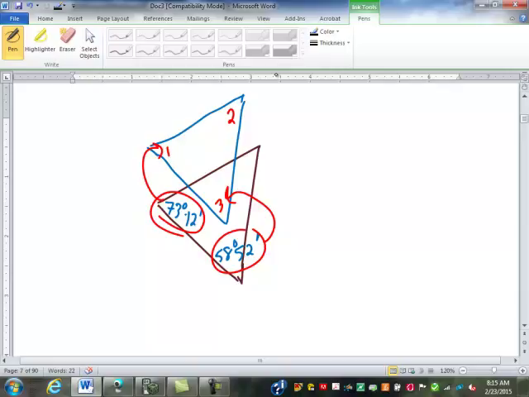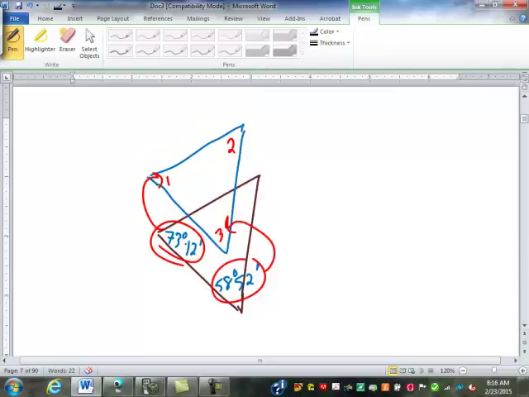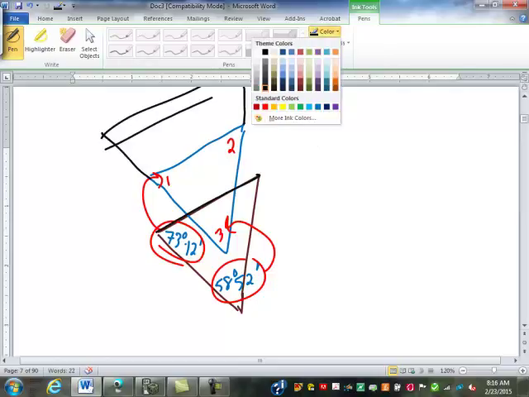Now, that doesn't mean I can say that these triangles are the same. The angles are the same, but the triangles themselves are not necessarily the same because they can still be parallel and the sides be different lengths. I could push this side here all the way out here. It's still parallel. It's just that the triangle's now bigger. So having parallel sides only guarantees the equal angles.